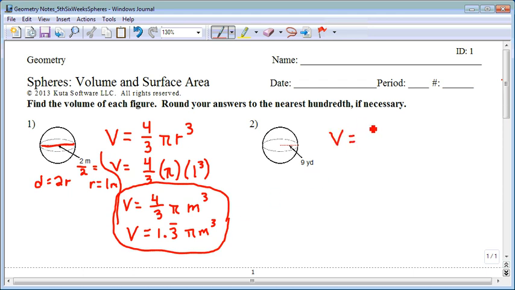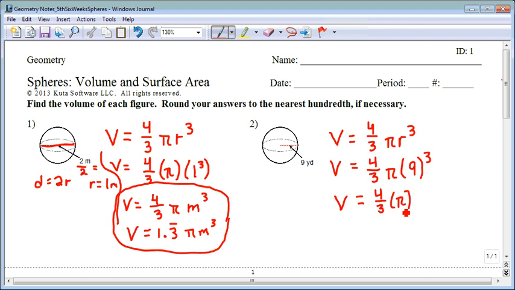For problem number 2, I have volume equals 4/3 pi r cubed. My radius in problem number 2 is 9 yards. So I'm going to cube 9. So that's 9 times 9 times 9, which is 729.